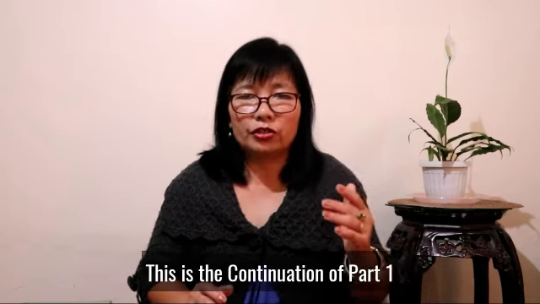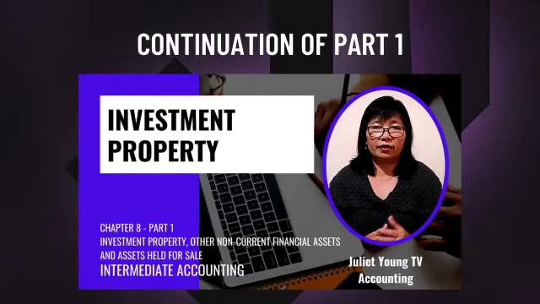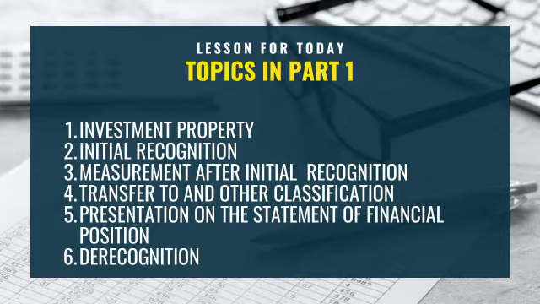This is the continuation of part 1 about investment property, other non-current financial assets, and assets held for sale. I discussed in part 1 the following. First, investment property. Second, initial recognition. Third, measurement after initial recognition.